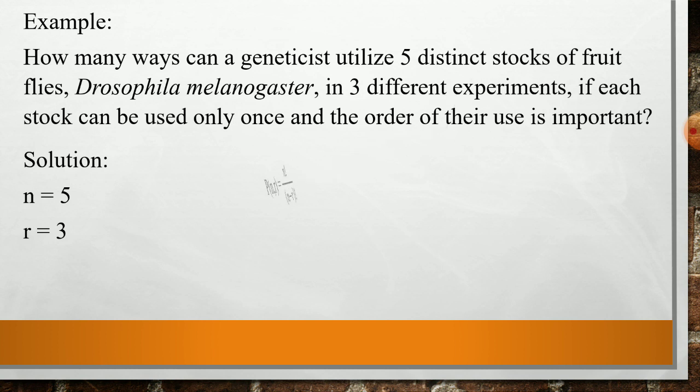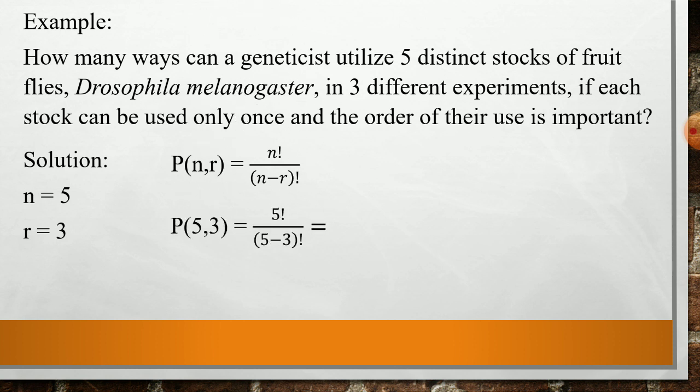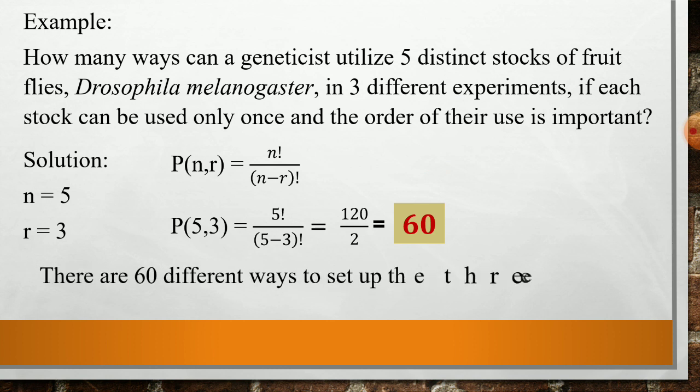Plugging these values into our formula, that will be 5 factorial divided by the quantity of 5 minus 3 factorial. 5 factorial is equal to 120, while 5 minus 3 factorial is equal to 2 factorial, which is the same as 2. Evaluating it further, 120 divided by 2 will be equal to 60. So, there are 60 different ways to set up the 3 experiments using the 5 stocks.